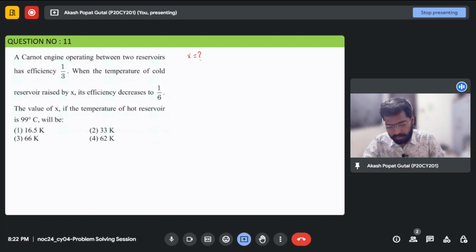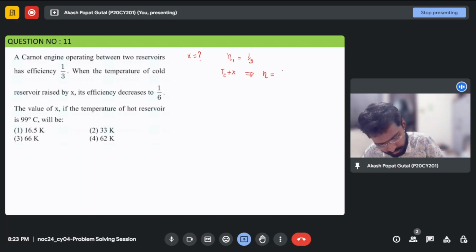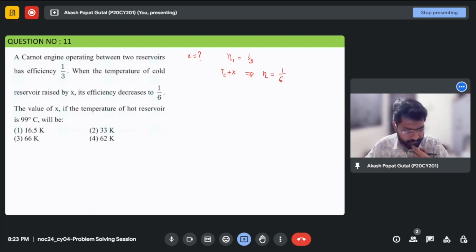Fine, we will take out the given things. So we have given that the efficiency of the Carnot cycle initially is 1 by 3. And when the temperature of the cold reservoir is raised by x, then the efficiency decreases to 1 by 6.